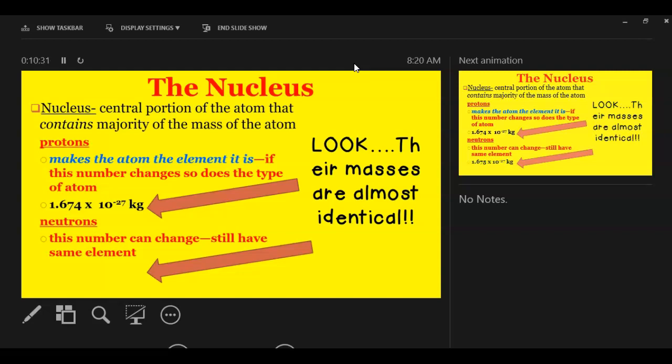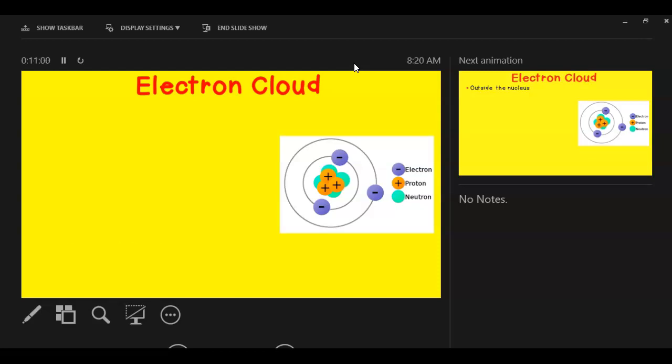So anytime I say, hey, what is the subatomic particle that is found inside of the electron cloud, you would tell me electron. If I said what subatomic particle is positively charged, you would tell me, there we go, very good. Okay, we're sticking to the board.